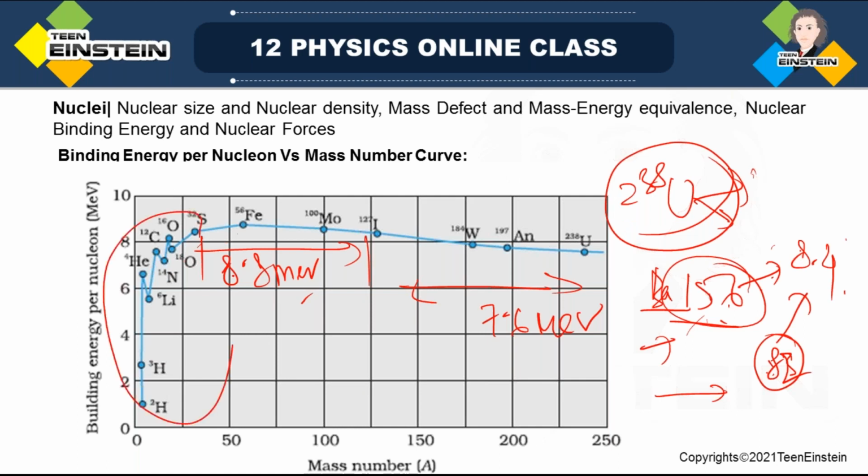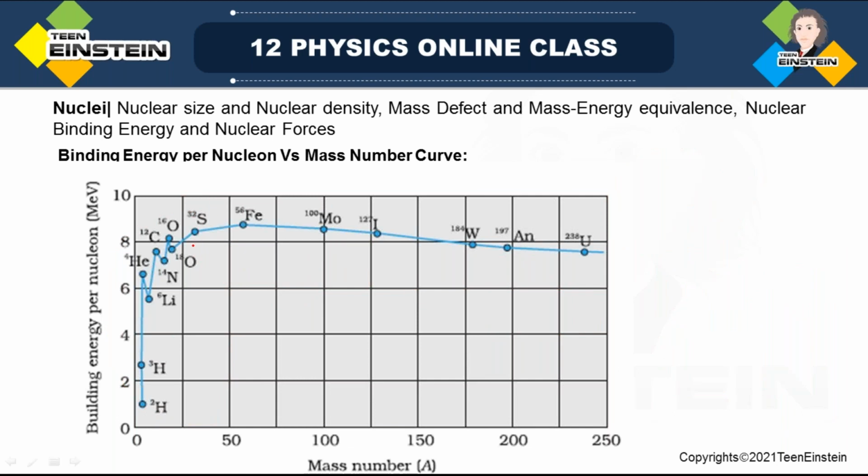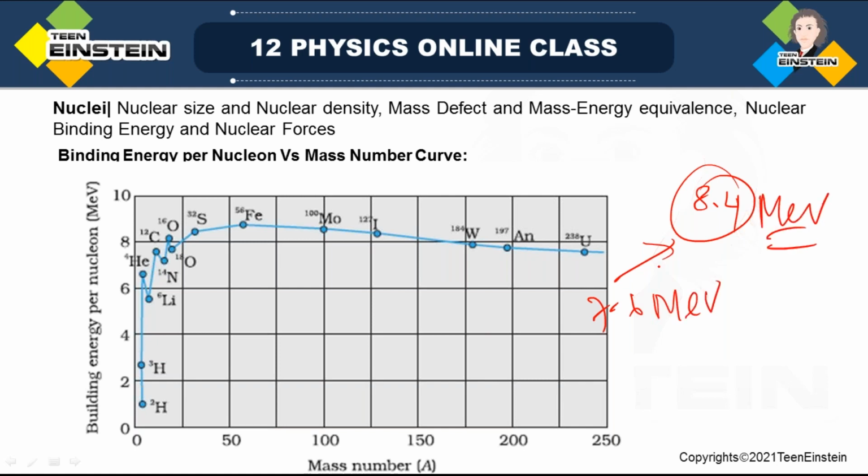In the fusion reaction you have to look at this particular portion. When you have lighter nuclei, they have very little binding energy, so they are also less stable. But if you take two lighter nuclei and fuse them to make a heavier nucleus, then in that case also you get greater binding energy, going from maybe 7.6 MeV to this much.